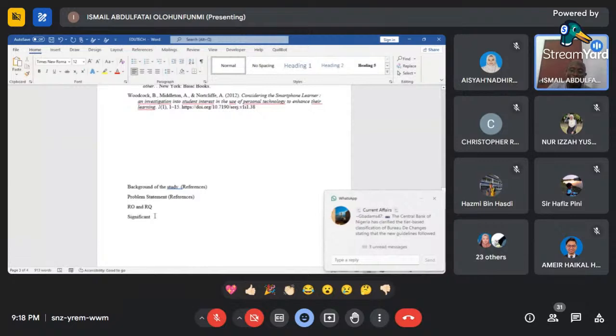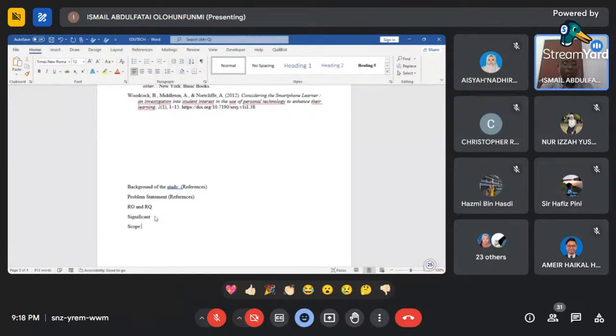Then we have the scope and the limitation of the study. Then the operational definition of terms.